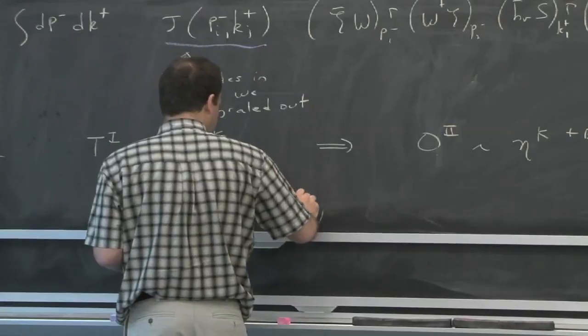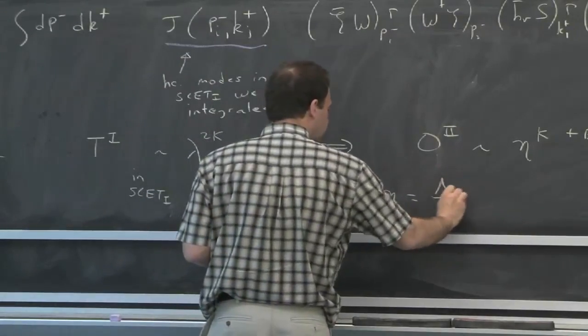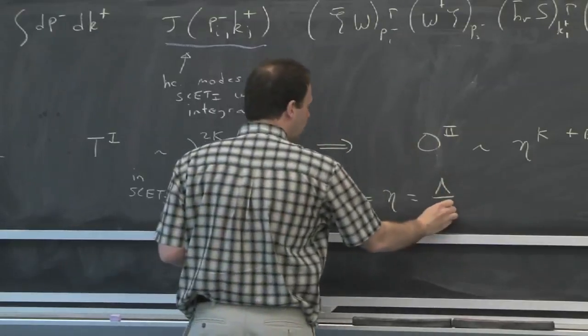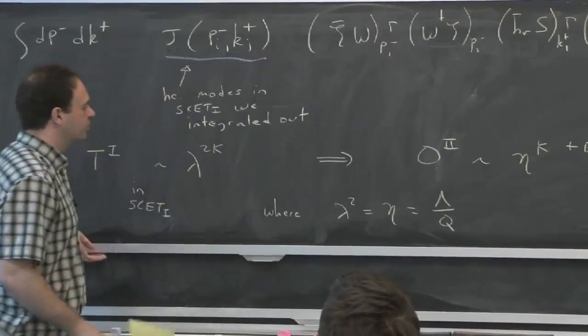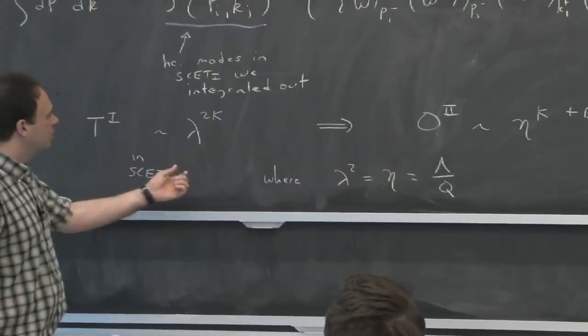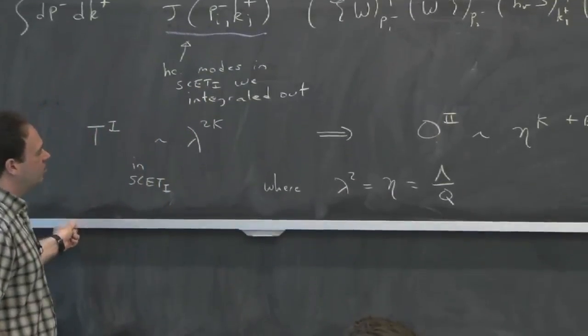But there's also one thing to be aware of. If I define eta to be the power counting parameter for SCET2, just to give it a different name so I can talk about a correspondence, then basically eta is like lambda squared.